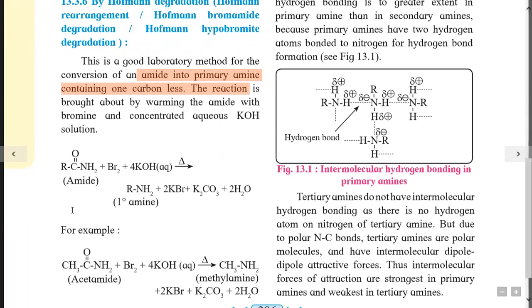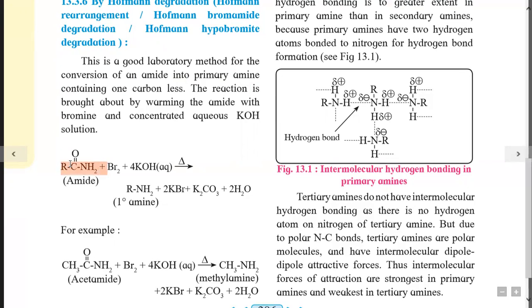Before this, we studied one method for the preparation of primary amine from amide, in which the carbon number remains the same in amide and amine, but in this method, there is one carbon less than the corresponding amide.